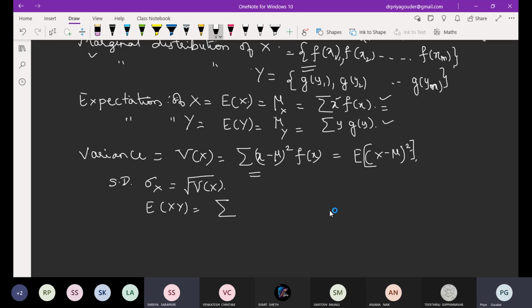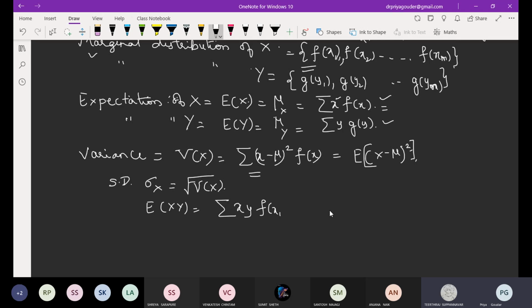If it is expectation of x, you are taking x into the corresponding function f of x. If it is y, y into g of y.